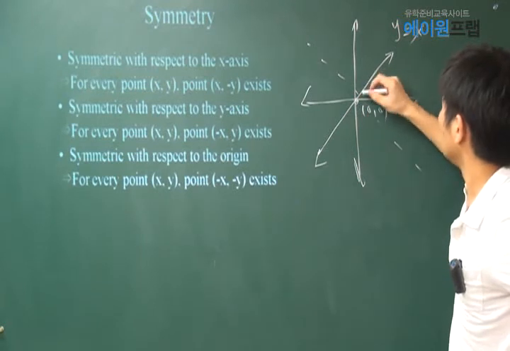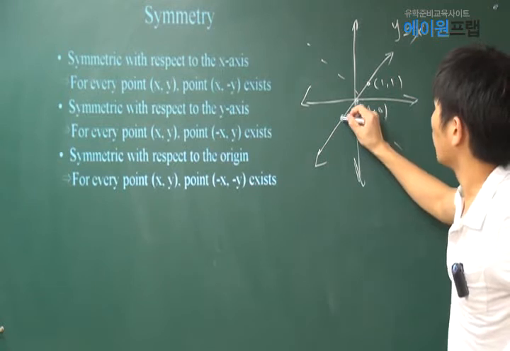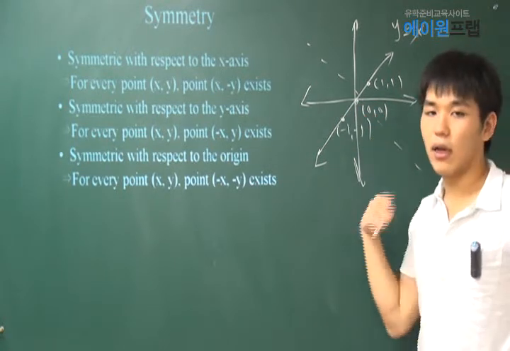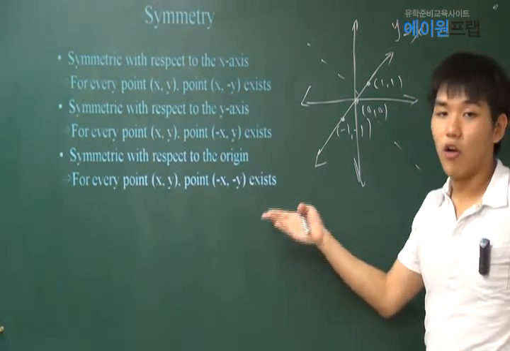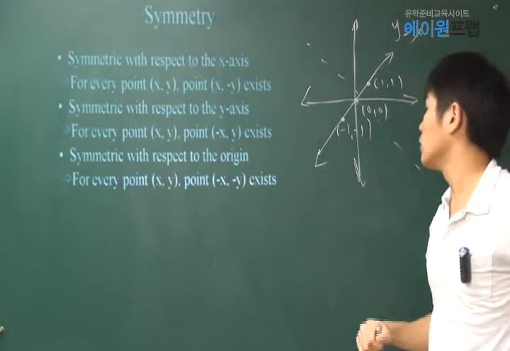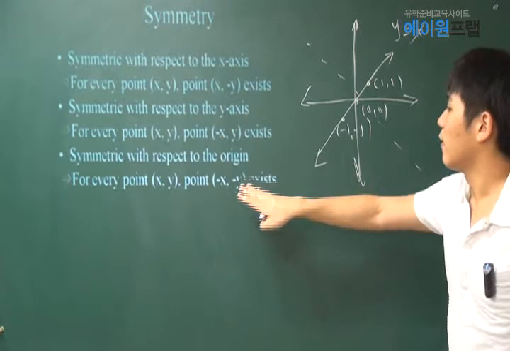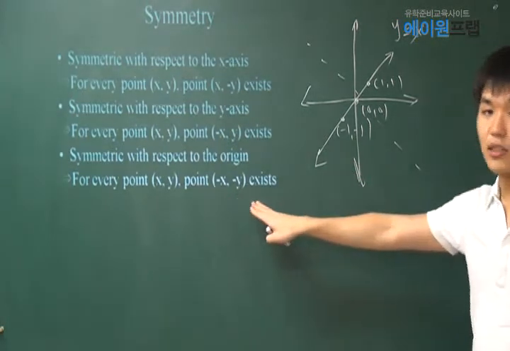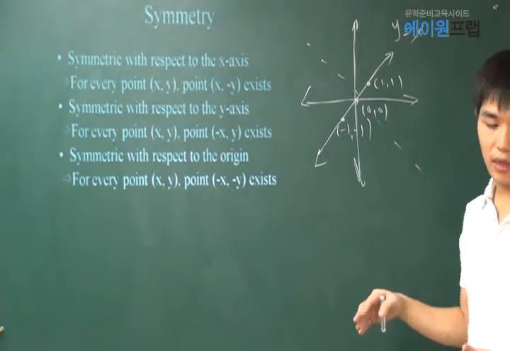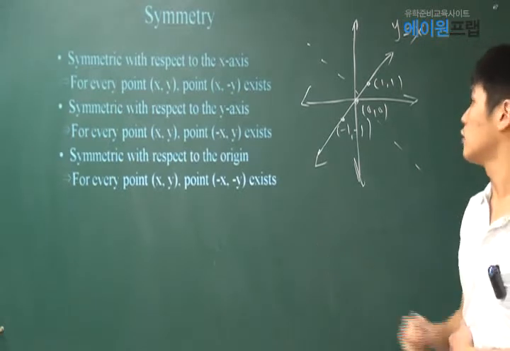Since this point is (1, 1), we can have a point here that's (negative 1, negative 1). Reflecting it on the origin, we change both signs of x and y. So remember that x and y change signs depending on the symmetry. I'll cover this in the next example as well, so just wait a bit if you're having a hard time catching up.